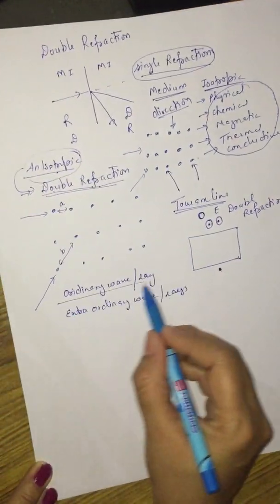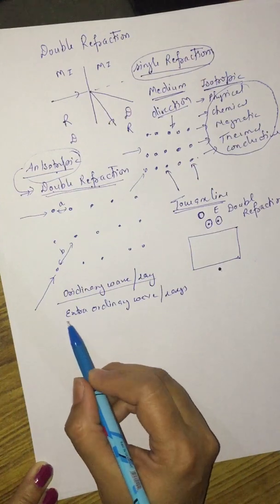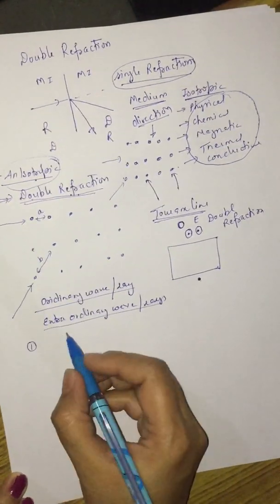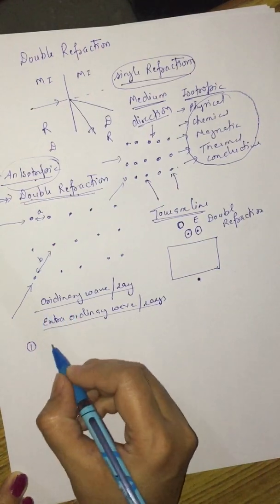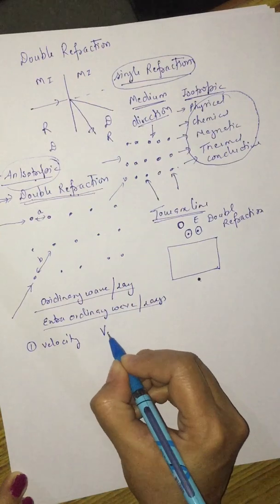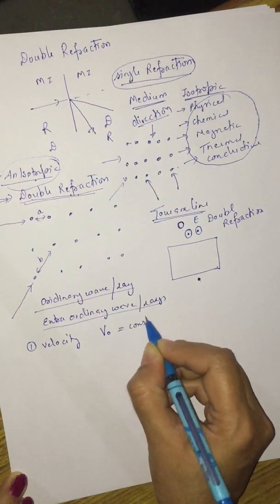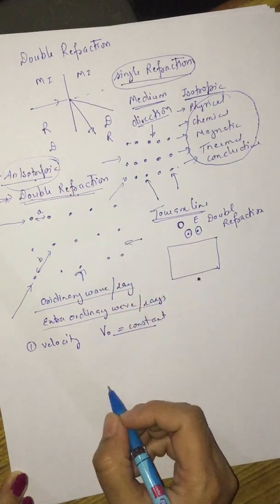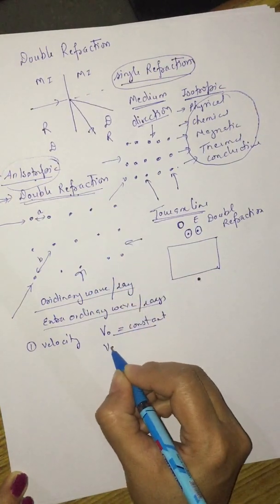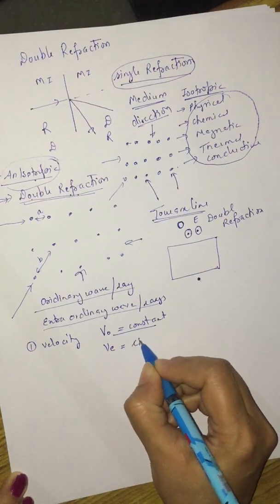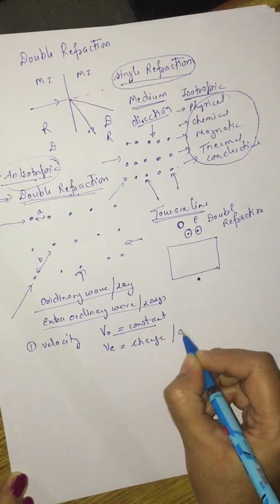There is a difference between extraordinary waves and ordinary waves. First difference, on the basis of velocity: the velocity of ordinary waves remains constant. It does not change with the change in direction, but the velocity of extraordinary waves changes with the change of direction.